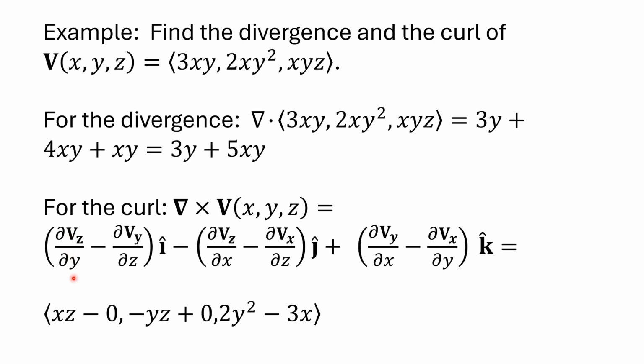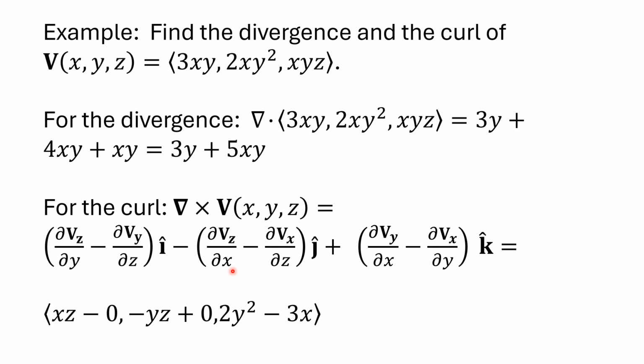The partial with respect to y of Vz is going to be xz, and the partial with respect to z of Vy is going to give me the 0, minus this one.